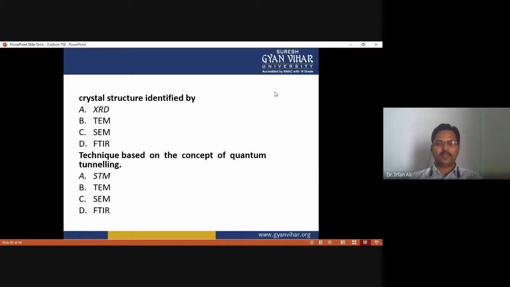law. Next, the technique based on the concept of quantum tunneling. Which of the following techniques is based on the concept of quantum tunneling?